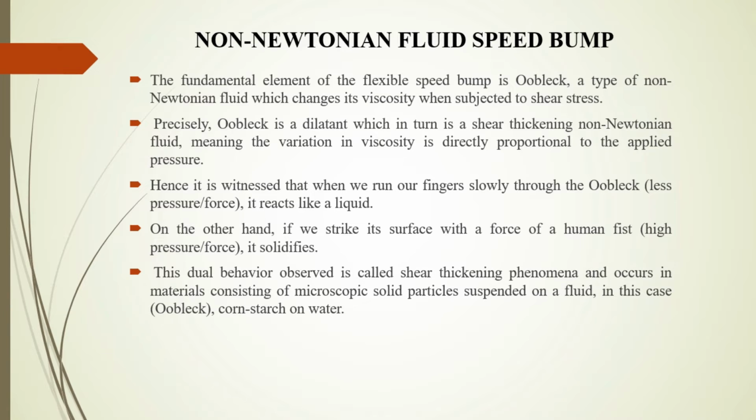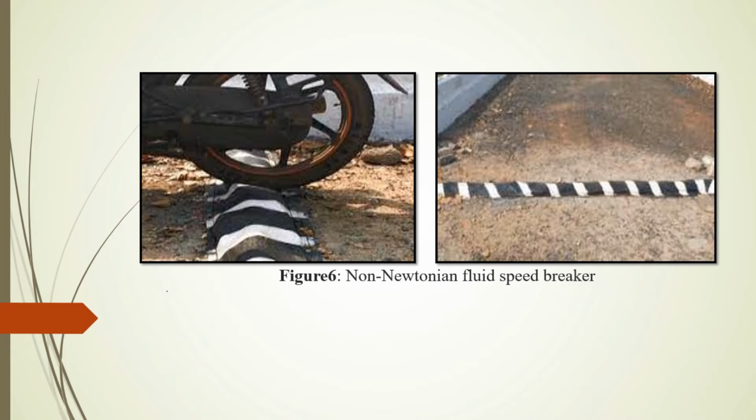This dual behavior is called the shear thickening phenomenon and occurs in materials consisting of microscopic solid particles suspended in a fluid, as in the case of oobleck. Oobleck is a mixture of cornstarch and water. This is a non-Newtonian fluid speed breaker that behaves like both a liquid and a solid.